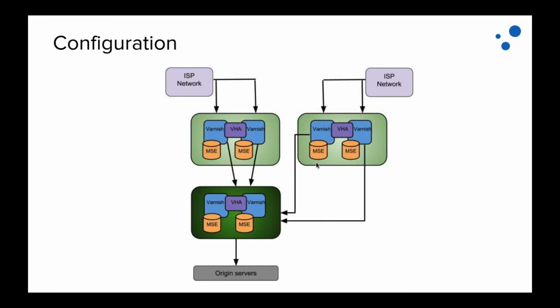And then we have a couple of points of presence, and they act as caching nodes and really nothing else. For each of these clusters, we have 2 Varnish instances running with MSE. MSE stands for Massive Storage Engine, and you can start Varnish either using a malloc storage, but that's in memory, which basically means that if you restart Varnish or if Varnish crashes, you will lose the cache.